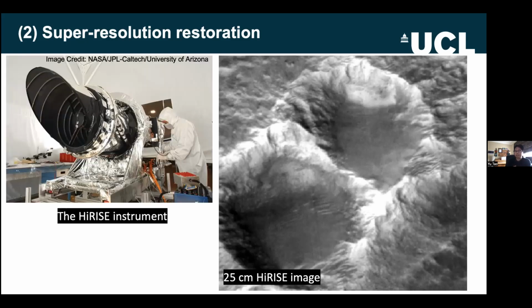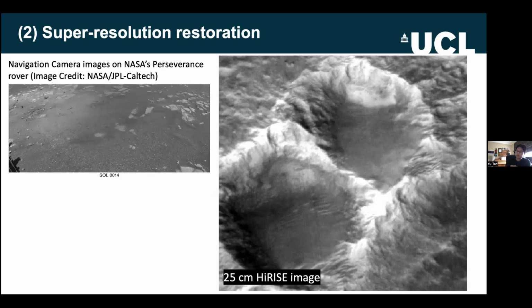And given the physical constraints of the imaging instruments, we always need to trade off spatial resolution against launch mass, useful source size, and telecommunications bandwidth for transmitting data back to the Earth. So currently, the highest resolution optical imaging system of Mars is the 25 centimeter HiRISE imager.